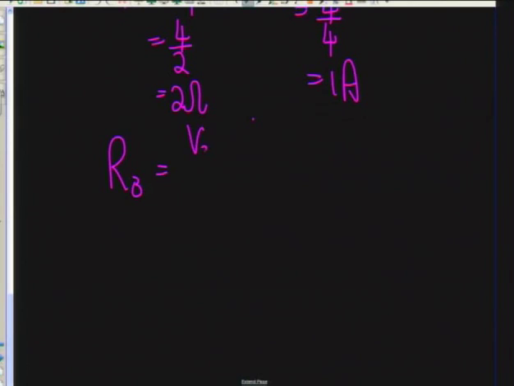R3 is V3 divided by I4 or I3, it doesn't matter because it's the same value. So that means it's 8 divided by 5, which gives me 1, oops, I'm lying to you, 1.6 ohms.